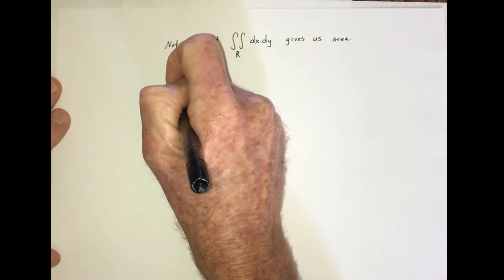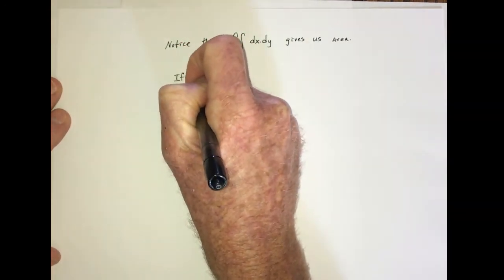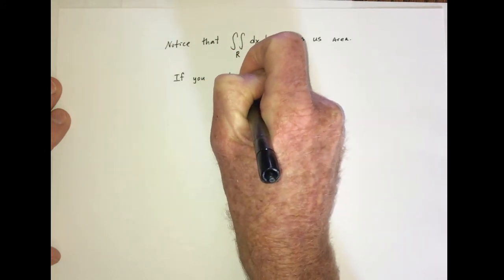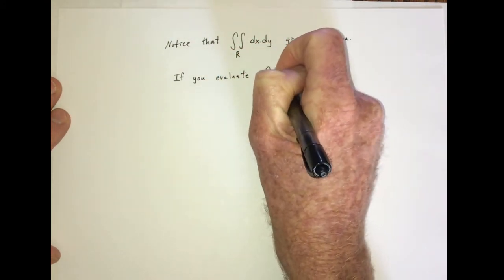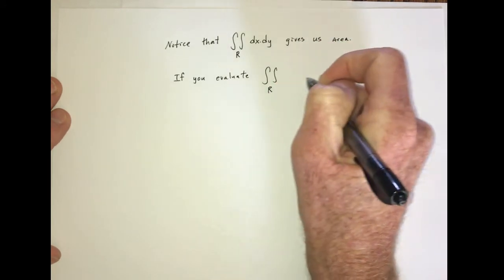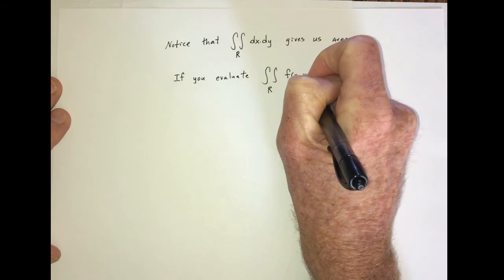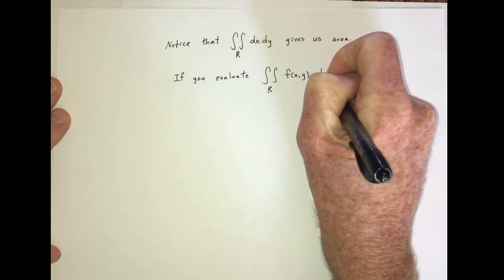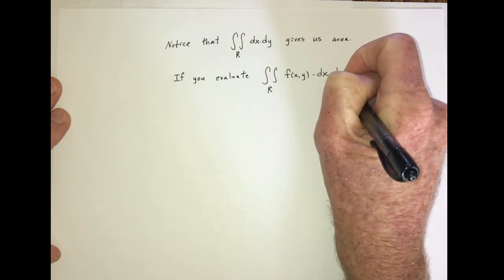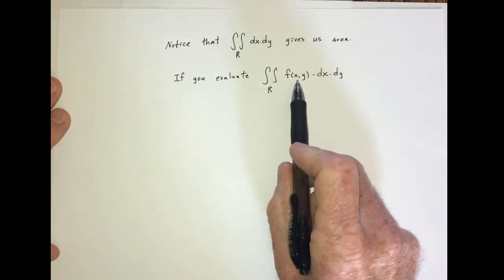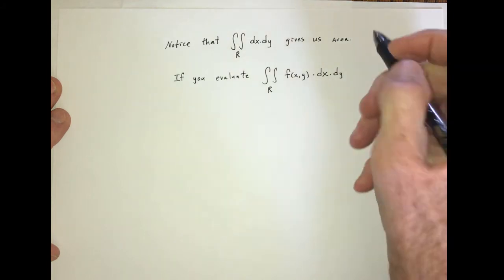Then if you evaluate the double integral over the region, and then you put a function in here, times the dx times the dy, well now this would be area times another unit, so that's volume.